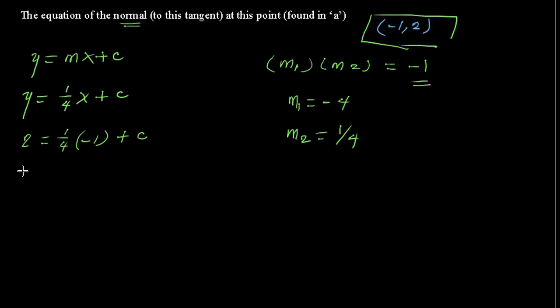So when I solve for c, what I'm going to get is 2 plus 1/4, which is 9/4. Hence, my answer is y is equal to 1/4 x plus 9/4.